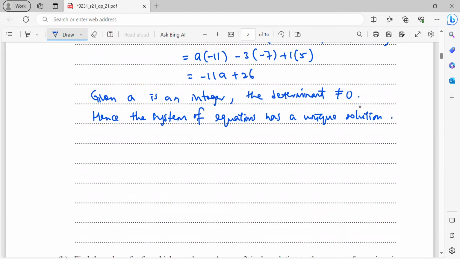So I will write here, interpretation. When you are solving 3 equations, it means that you are given 3 planes. These 3 planes will be meeting at a single point.